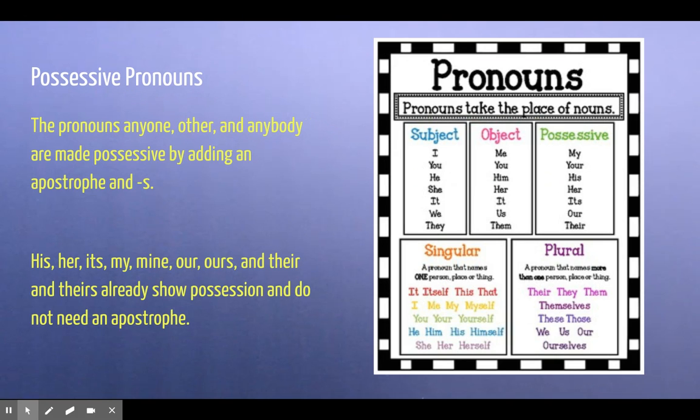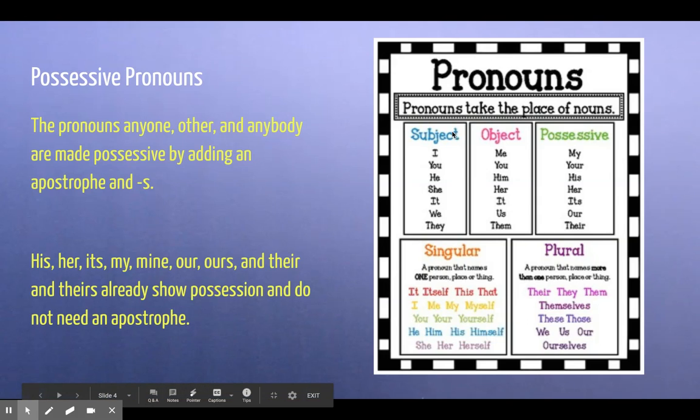So the pronouns anyone, other, and nobody are made possessive by adding an apostrophe S. So those are the ones that if you are using those, we add the apostrophe S. Anyone, other, anybody. And if the pronoun is his, her, its, my, mine, our, ours, and their and theirs, it already shows possession and we do not need to add anything.